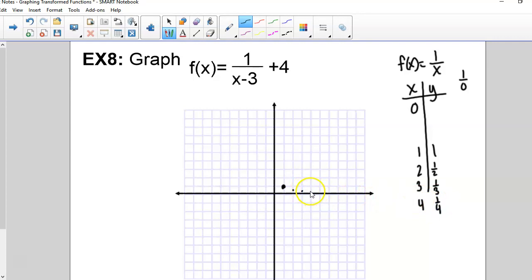You can't really graph all of those points very well on these graphs. 5 would be 1/5, 6 would be 1/6, 10 would be 1/10, 100 would be 1/100th. As we continue on, that number gets smaller and smaller. What number does it get close to? It gets close to 0, right? Is it ever going to become negative? It will not. It's not on this side of the graph here.